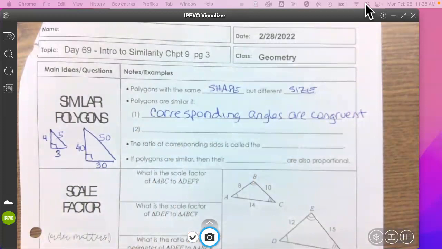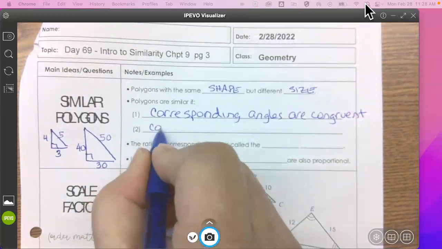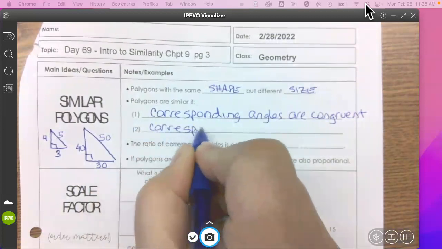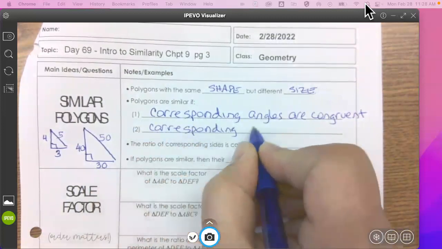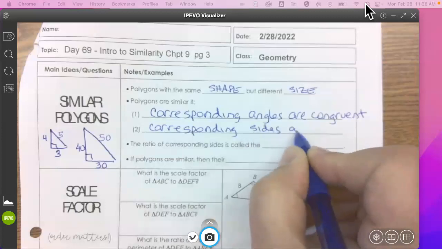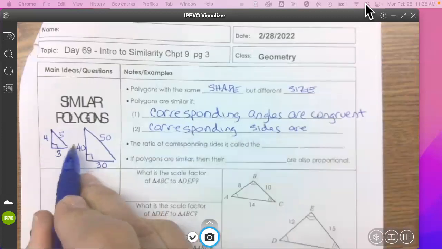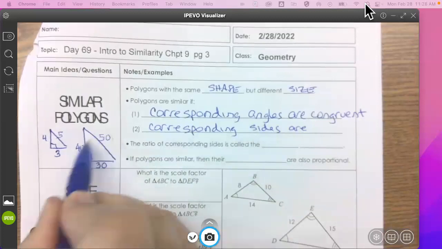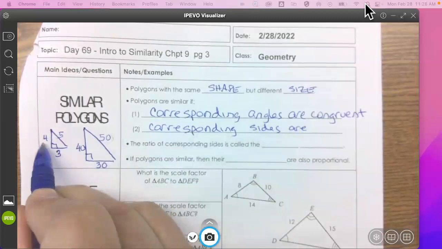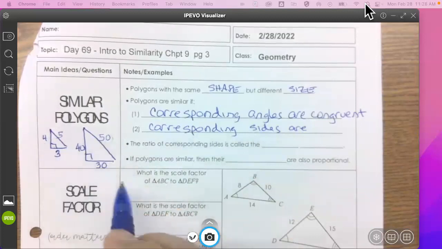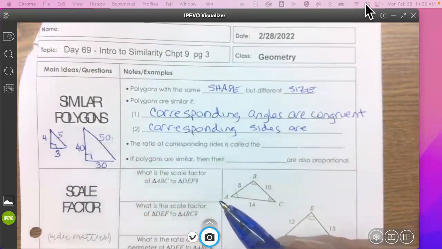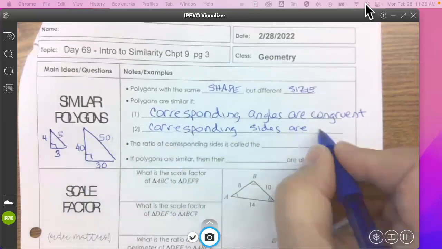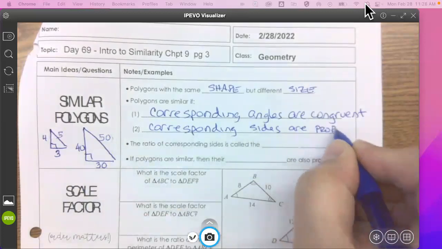A 30, 60, 90 triangle will still be a 30, 60, 90 triangle. But the corresponding sides are going to experience something else. If this one is times 10, then this one is times 10. Another way to think about that is if I take a ratio of corresponding sides, the ratio of any two corresponding sides is the same. Two ratios being set equal is called a proportion. So corresponding sides are proportional.